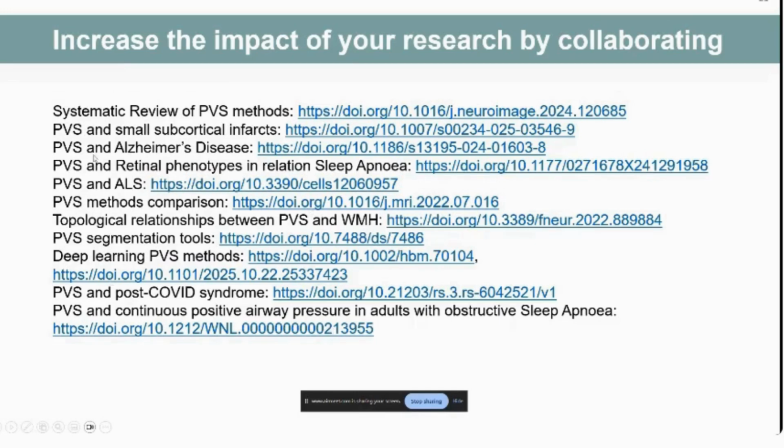We are able to develop deep learning PVS methods. We actually analyzed PVS in relation with post-COVID syndrome, and another evaluating the treatment of sleep apnea, such as CPAP treatment. This is thanks to sharing the code and being able to reproduce the results that we're having.